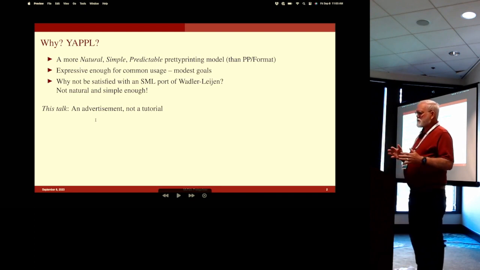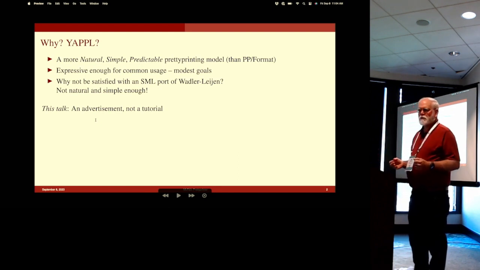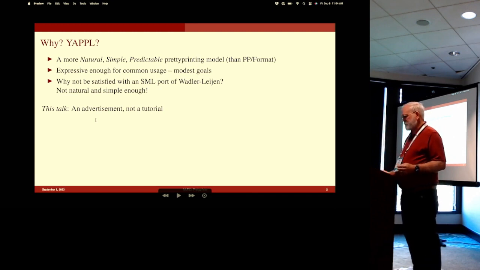And this is more specifically with respect to PP, which is the name of the Prettyprinter library in Standard ML of New Jersey, and which is derived from or based on the design of the format package in OCaml, which is again heavily inspired by the PPML Prettyprinter Meta Language that was developed in the 1980s at INRIA.